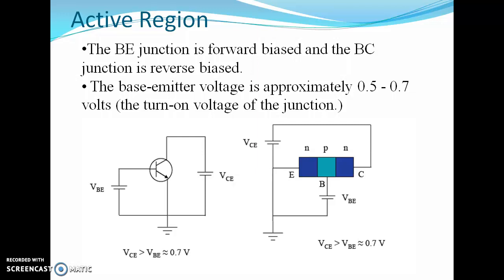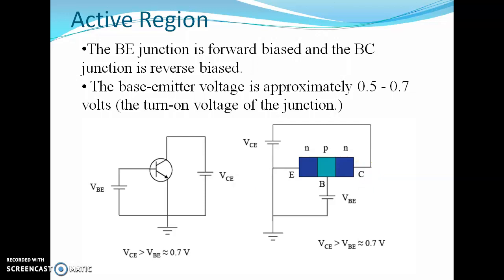So the BE junction, that means the base to emitter junction, is in forward bias, and the BC junction is in reverse bias. Here the base to emitter voltage is approximately 0.5 to 0.7 volts.